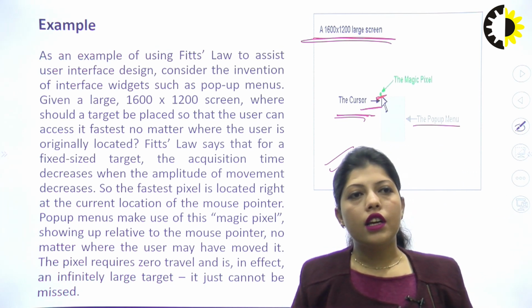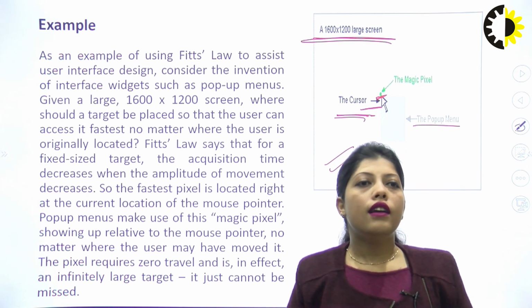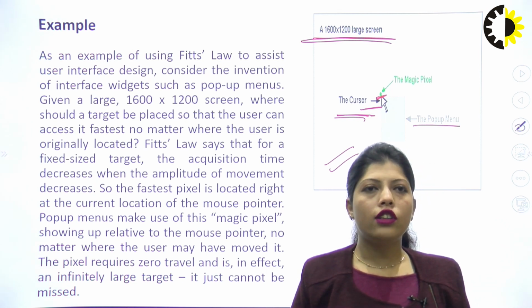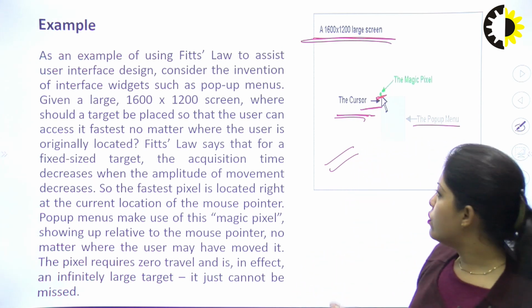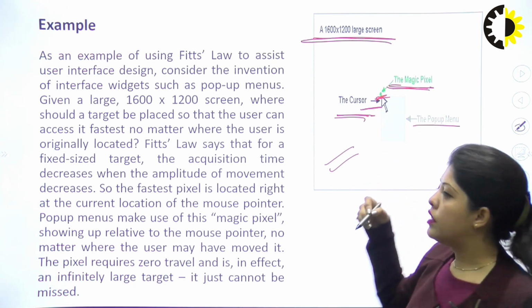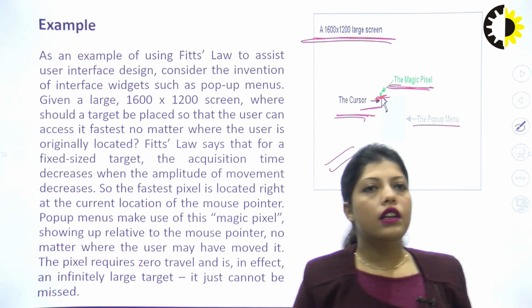No matter where the user may have moved it, the pixel requires zero travel and is in effect an infinitely large target, so it just cannot be missed. With the help of this magic pixel, we can tell the user how to put the cursor in a large screen area.